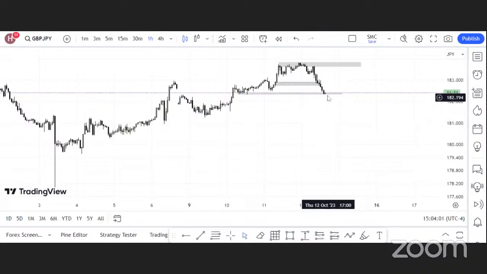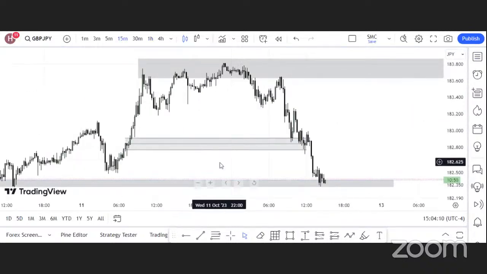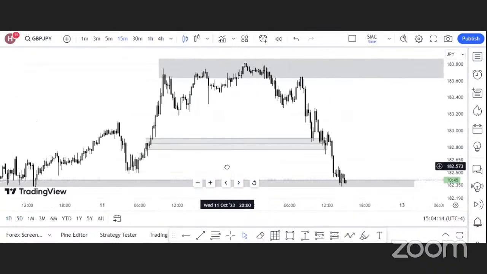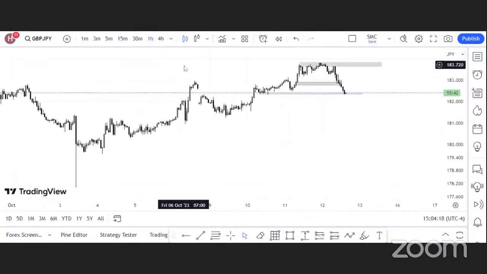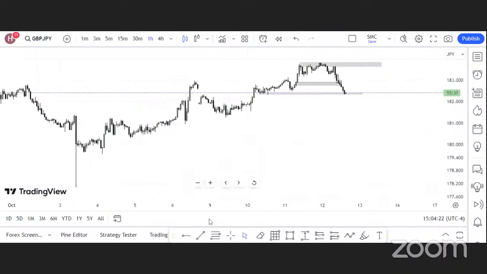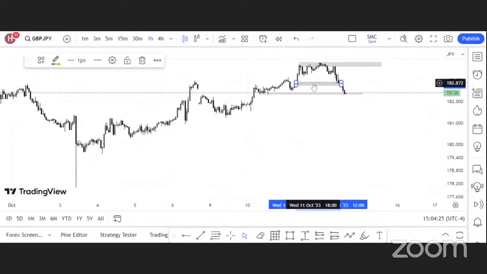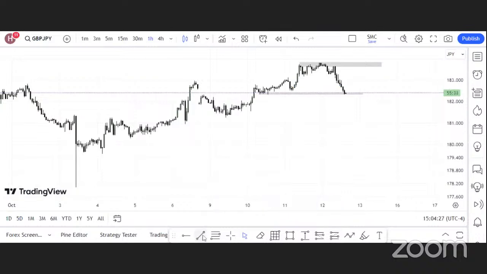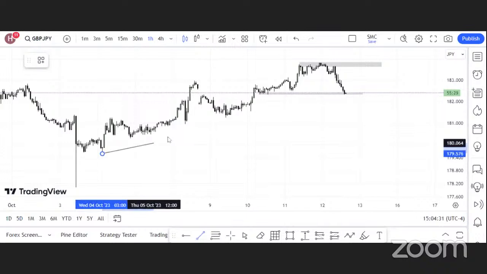So the next thing now is to wait for this market to break this zone. When this market breaks this zone, the market is going to continue to the downside. So we have that zone there. And yes, I remembered we also talked about trend lines.